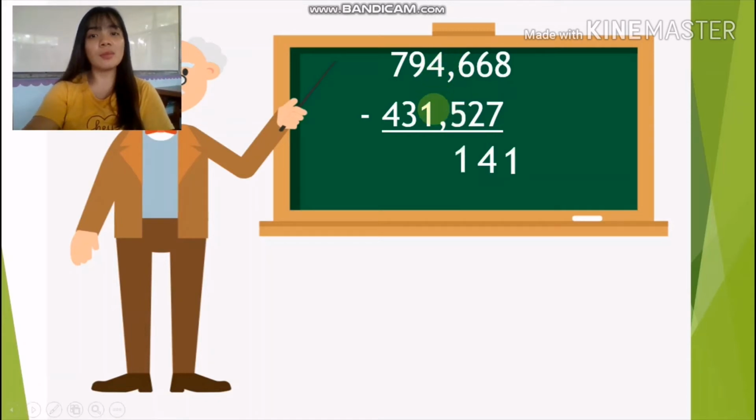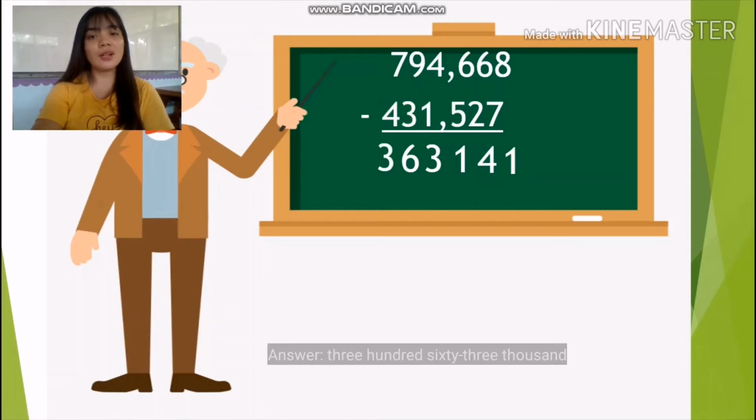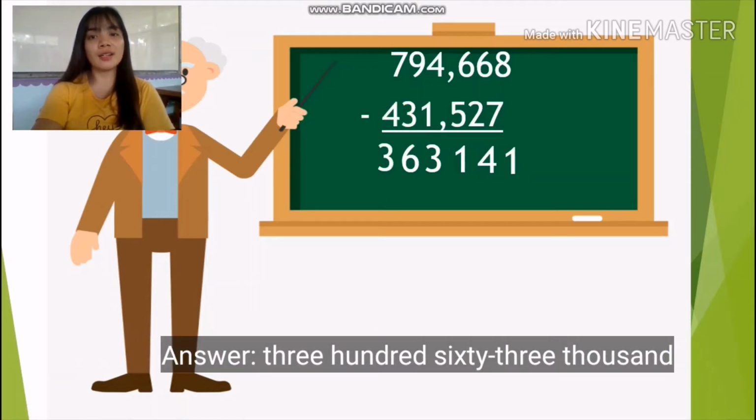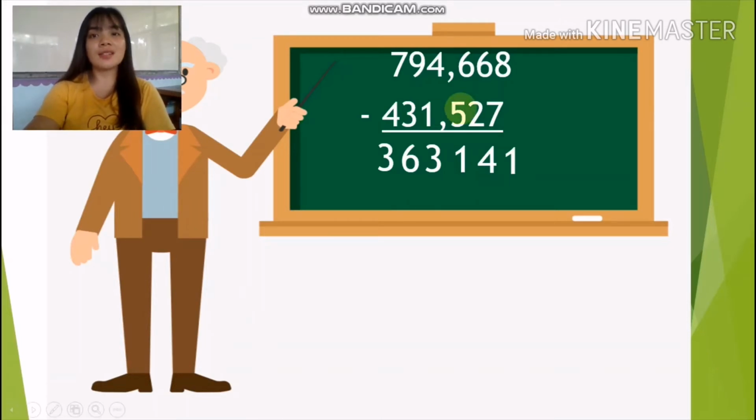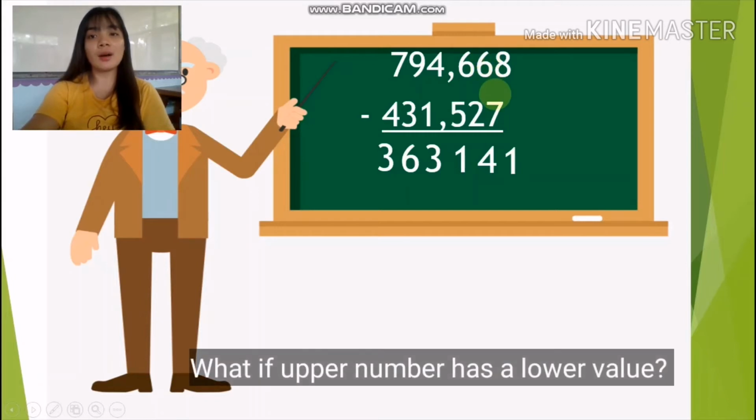How about 4 minus 1? So it is 3. 9 minus 3 is 6. Then 7 minus 4 is 3. So our answer is 363,141.